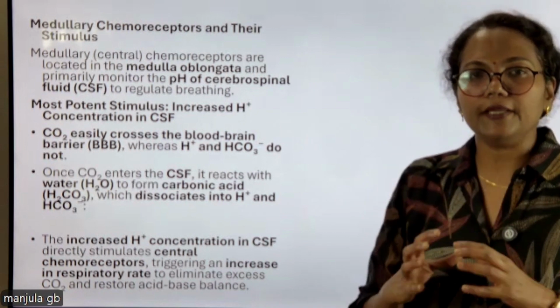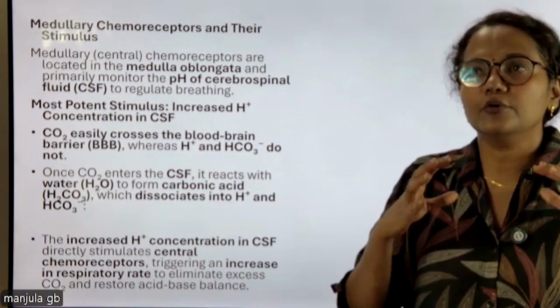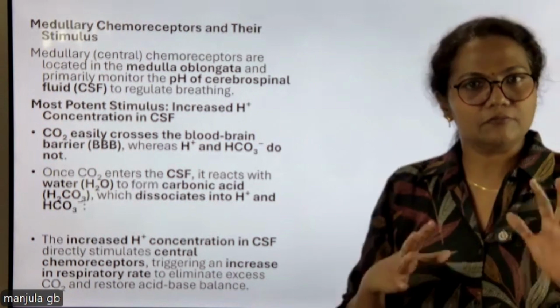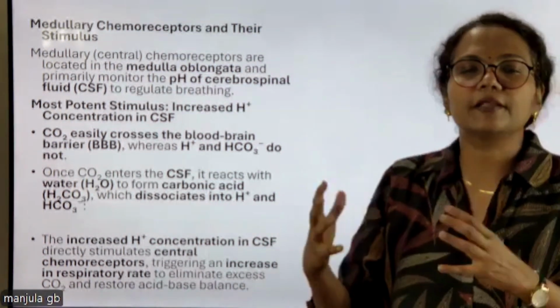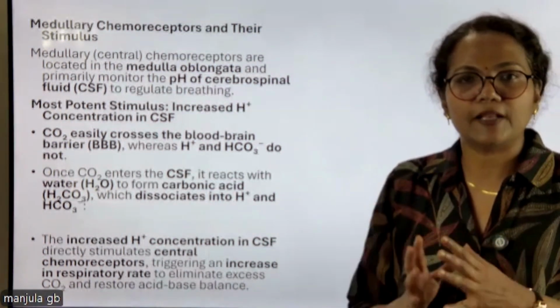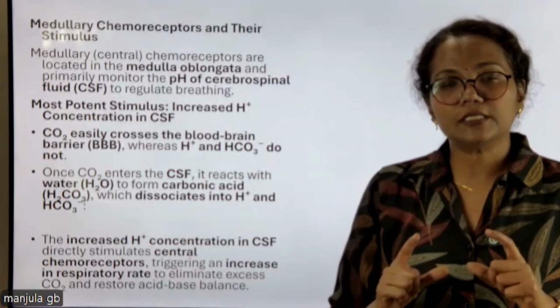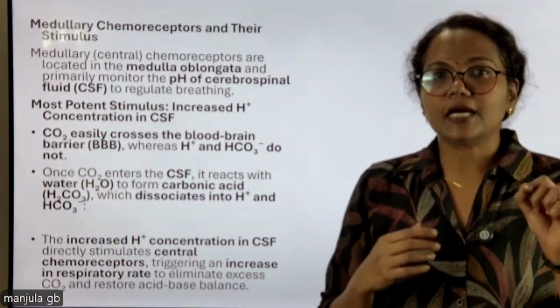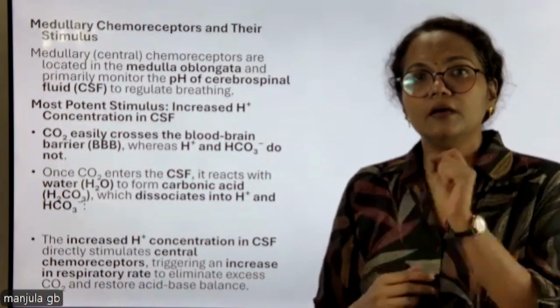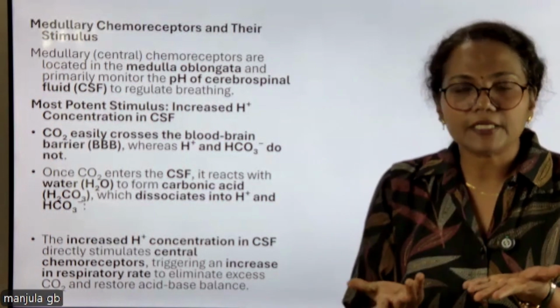For example, when you are going into hypoventilation, your respirations are ineffective, your respiratory rate has become like 10 or 12. So what happens in the body? Carbon dioxide gets accumulated. This carbon dioxide crosses the blood-brain barrier and reaches the CSF, which is completely water.